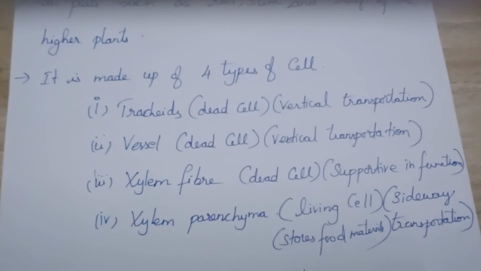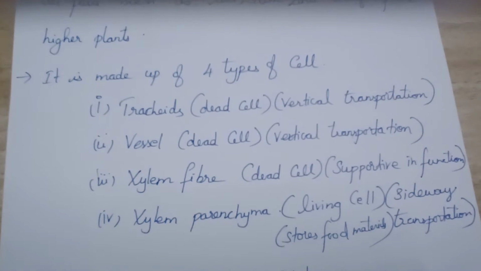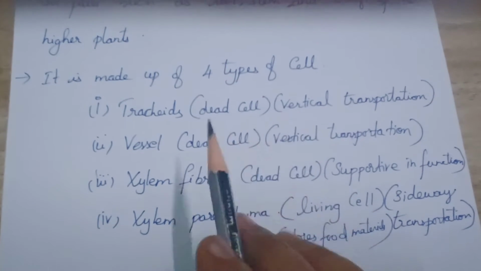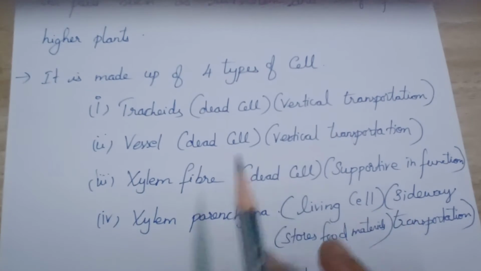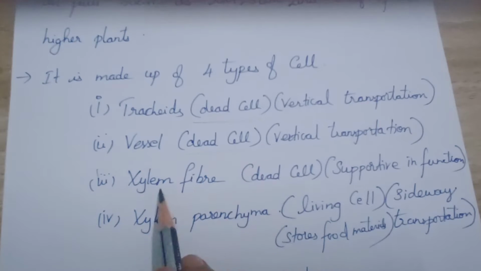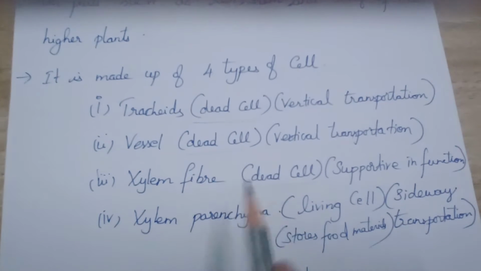Here it is modified. In the cells you will have some mitochondria, a nucleus, everything will be there. This xylem is mainly made up of dead cells. That means there are no organelles present in the cell. Everything is modified, and these tracheids, vessels and xylem fibers are made up of dead cells.